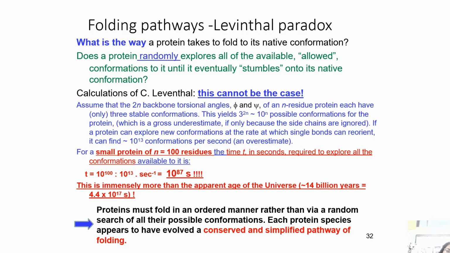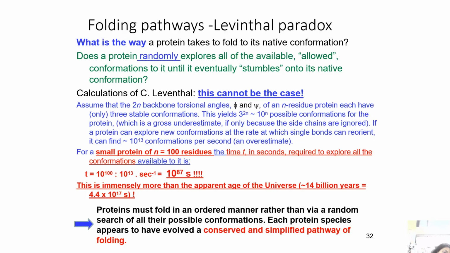Assume that two backbone torsional angles are there per residue, for an n residue protein, each having only 3 stable conformations. This is 3 to the power 2n, that is almost 10 to the power n possible conformations for the protein, which is a gross underestimate if only because the side chains are ignored.